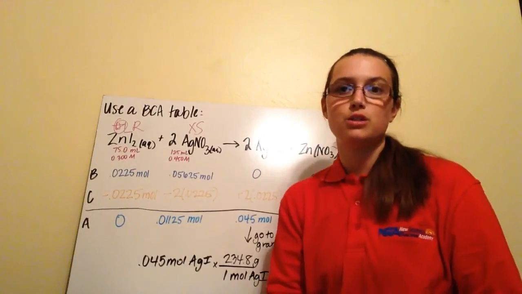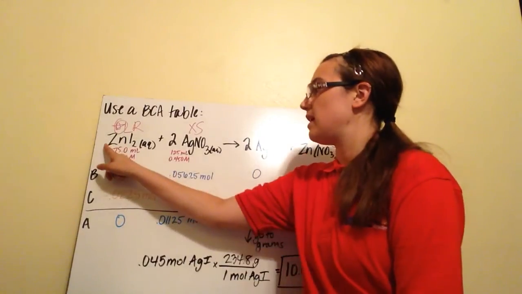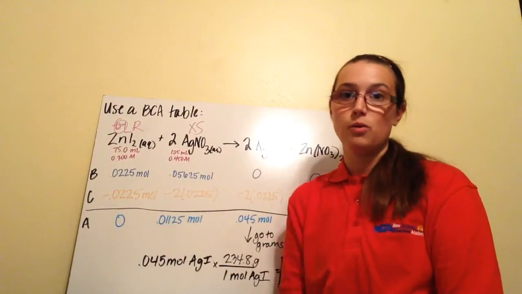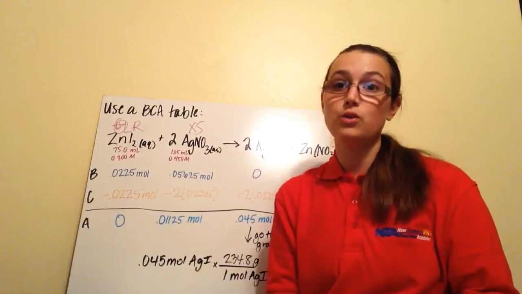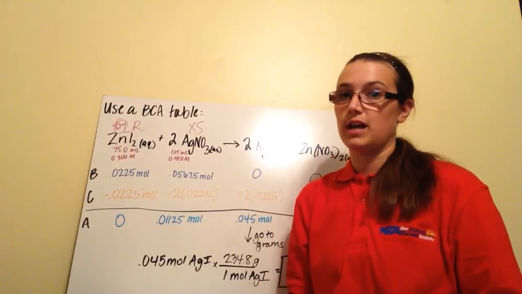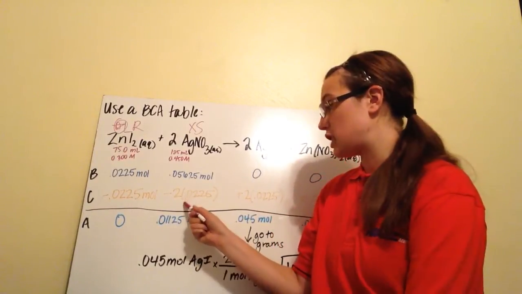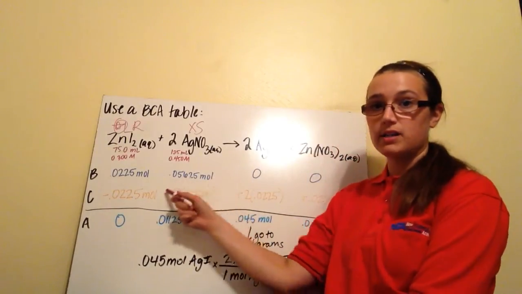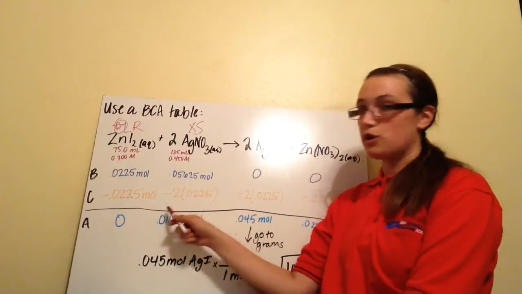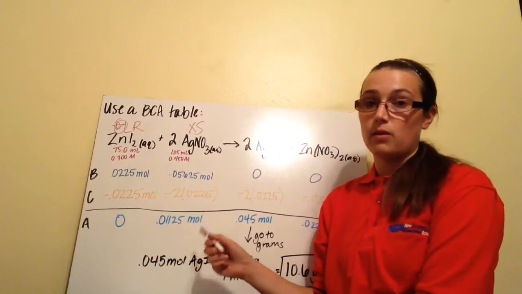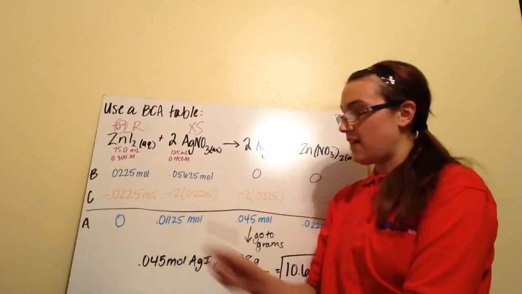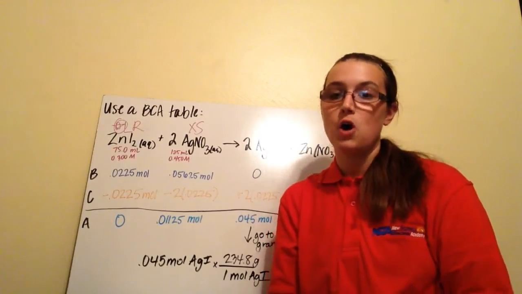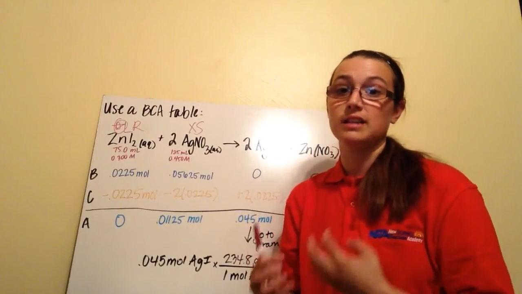Well, the reason that it's 2 times that is because for every 1 mole of zinc iodide, you need 2 moles of silver nitrate. So you use up twice as much silver nitrate in this chemical reaction, which means for the after, I'm going to take the amount that I started with, I'm going to subtract the amount that was used up, which means after the reaction, I have 0.01125 moles of silver nitrate left over.